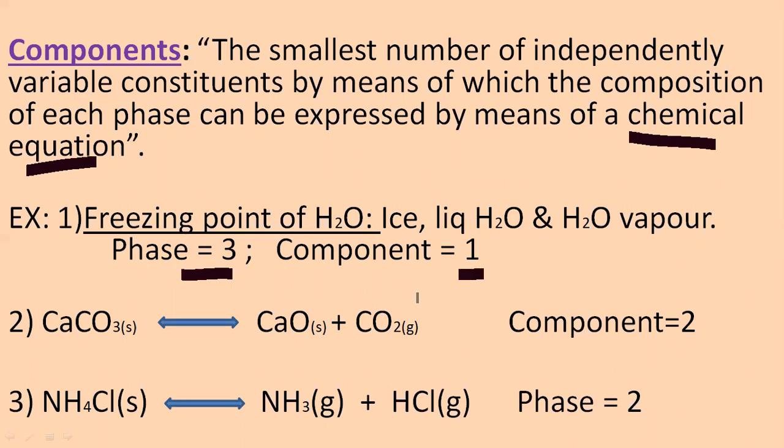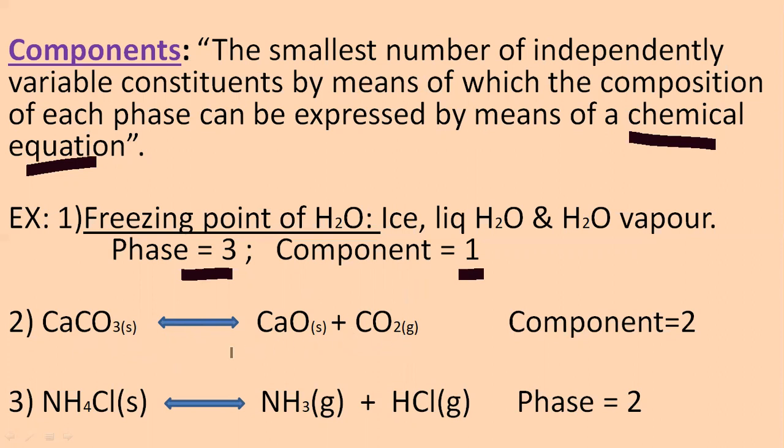In the same way, take another example, calcium carbonate dissociating to give calcium oxide and carbon dioxide. Calcium carbonate is in solid state, calcium oxide is also in solid state, whereas carbon dioxide is in the gaseous state.